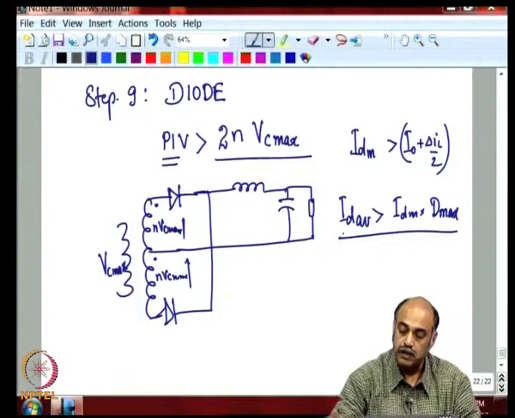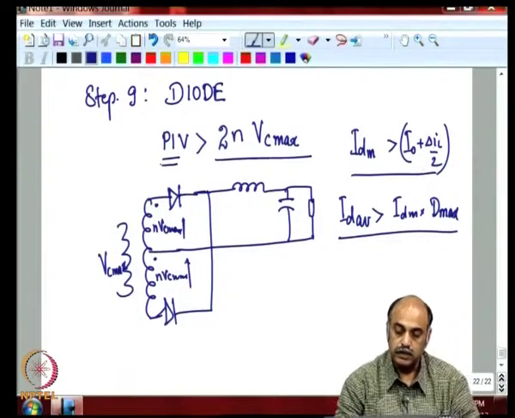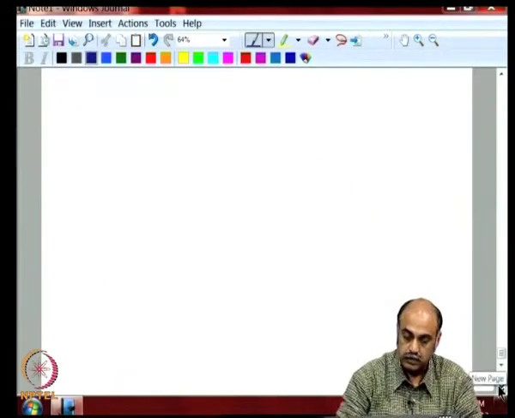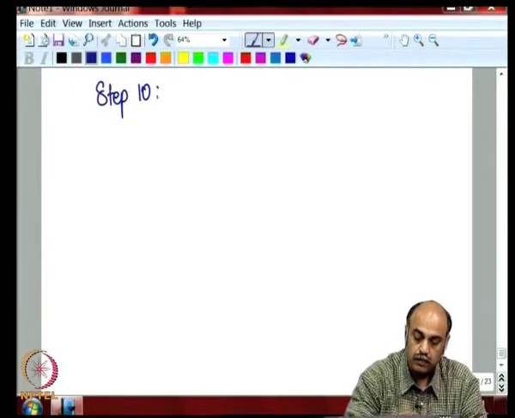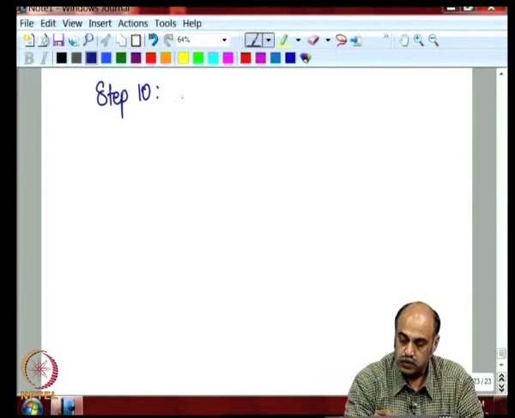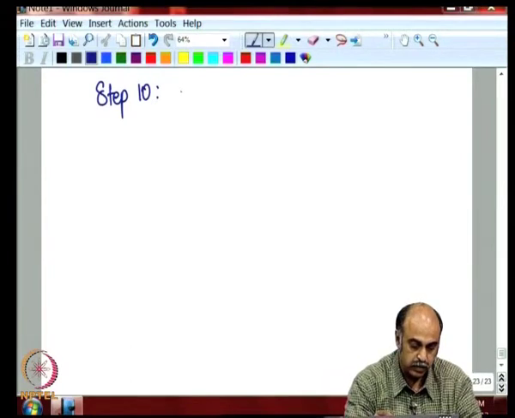So, this would be the ratings of the diode. In step 10 is the rating of the switches, that is power semiconductor switches.